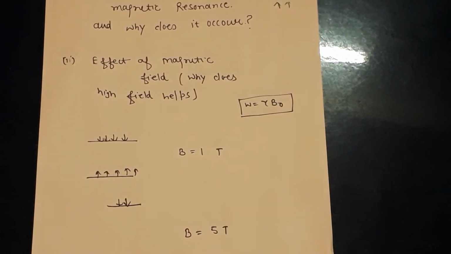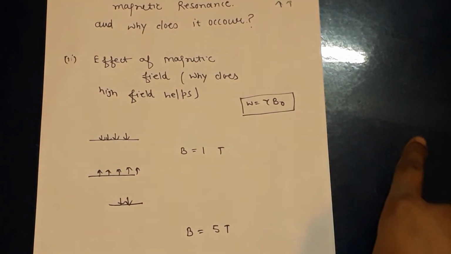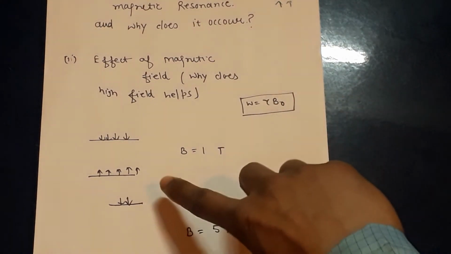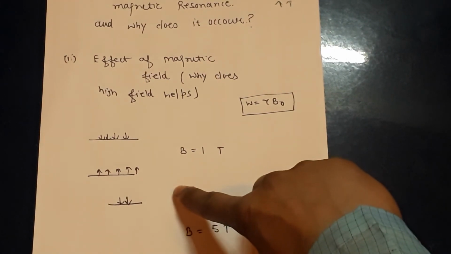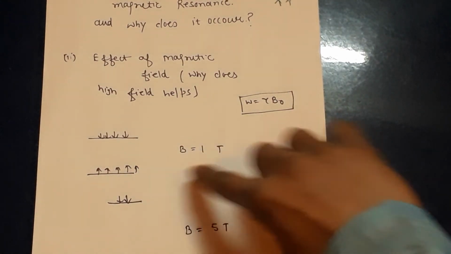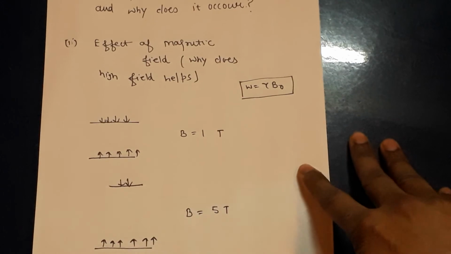When you have applied, let's say, B equal to 1 Tesla, there will be Zeeman splitting, and let's say the spins are like this. So there are a number of spins in the ground state and the excited state. There is not much difference. There is only one spin which is contributing.